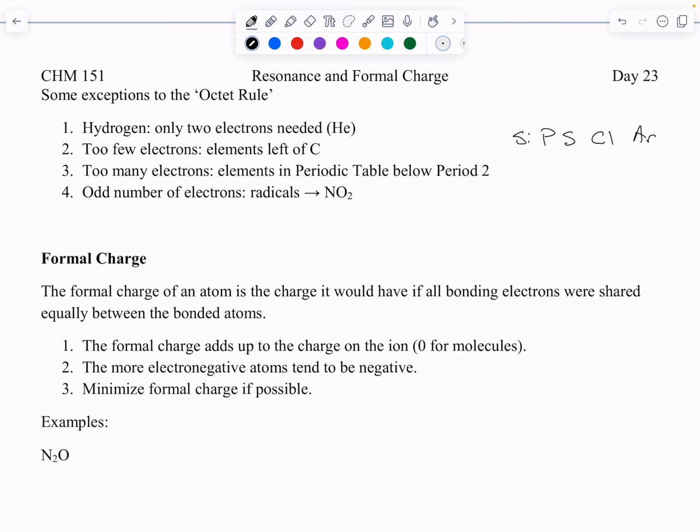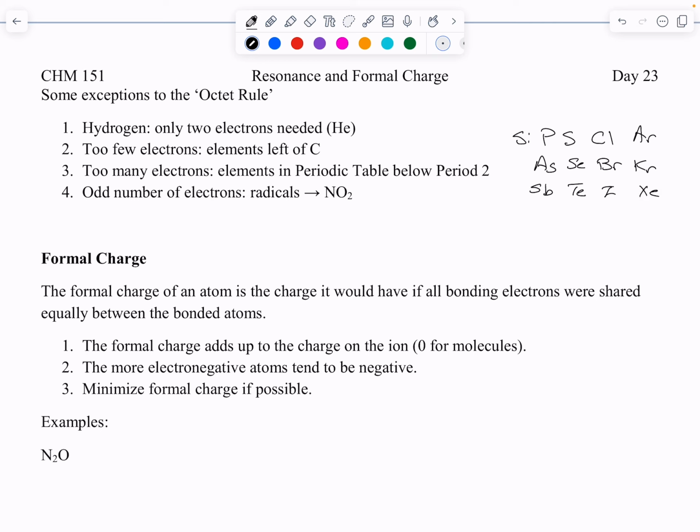It would include arsenic, selenium, bromine, krypton, tellurium, I guess even antimony if we made compounds with antimony, iodine and xenon.